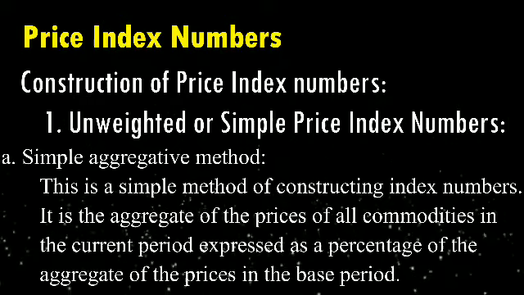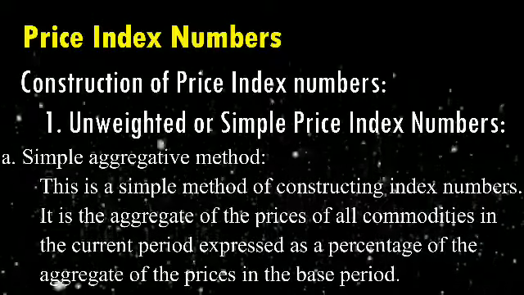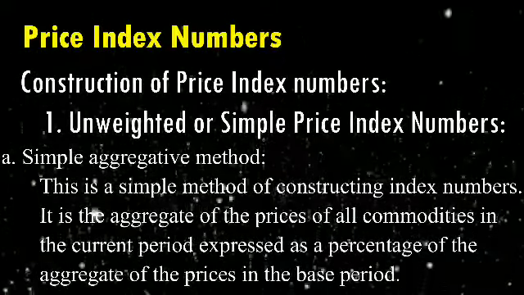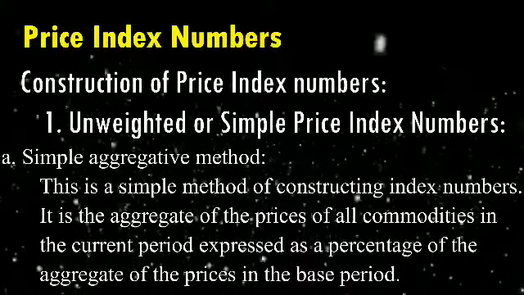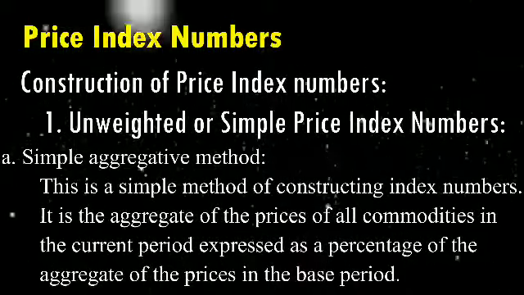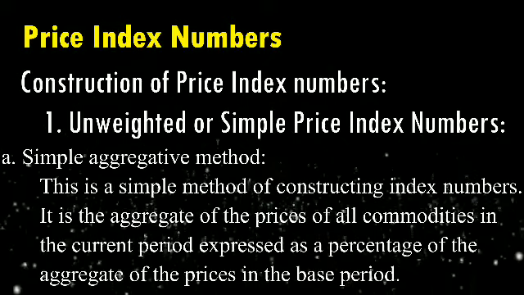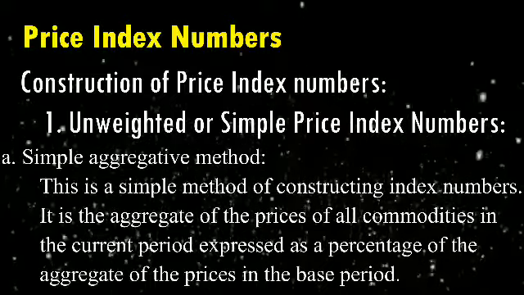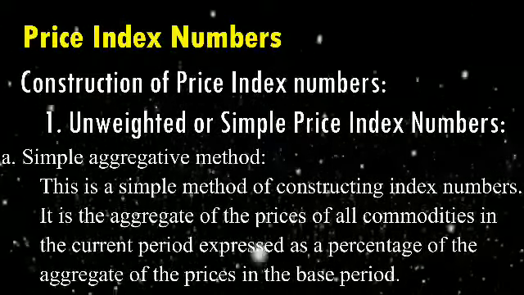This is a simple method of construction of index numbers. It is the aggregate of the prices of all commodities in the current period expressed as a percentage of the aggregate of the prices in the base period, which means this is the aggregate of the price values of all the commodities taken into consideration.